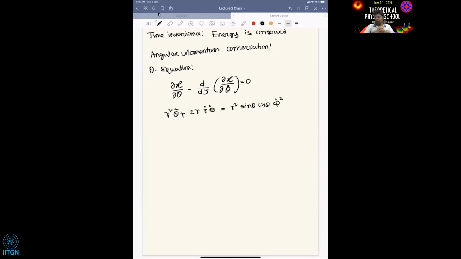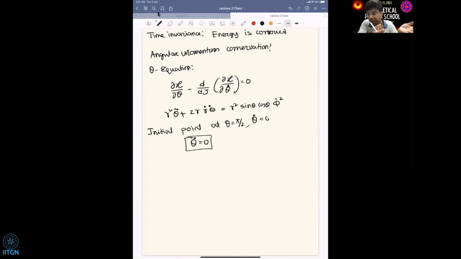Good. Now what I do is initially set the particle at an initial point at θ = π/2 and θ̇ = 0. These are my initial conditions. Immediately you will see that θ̈ = 0. That is a remarkable fact, which means if I can fix the particle at θ = π/2 and θ̇ = 0, θ̈ remains 0.